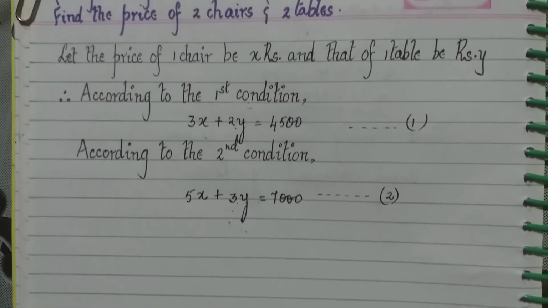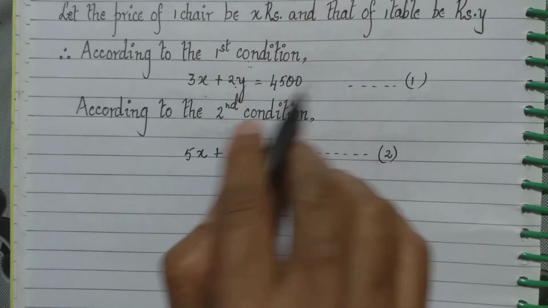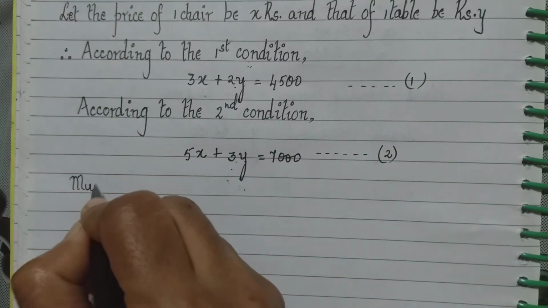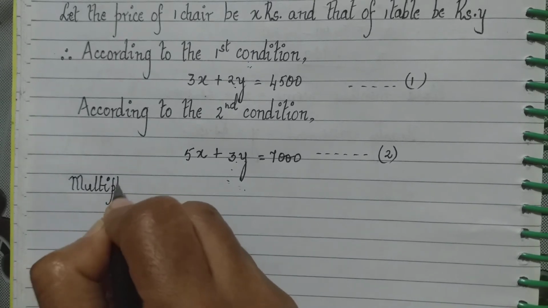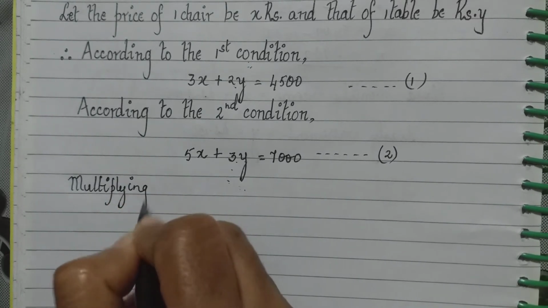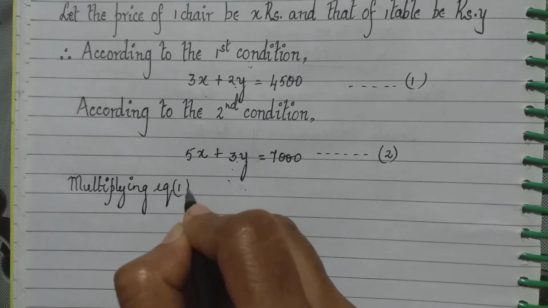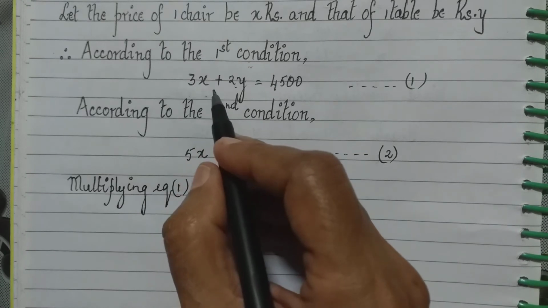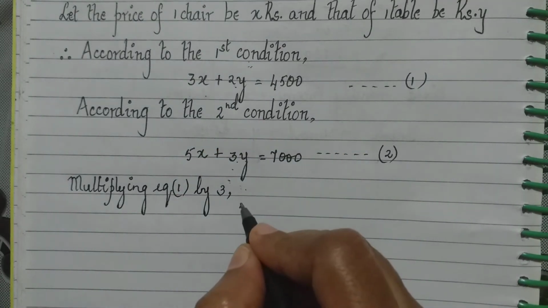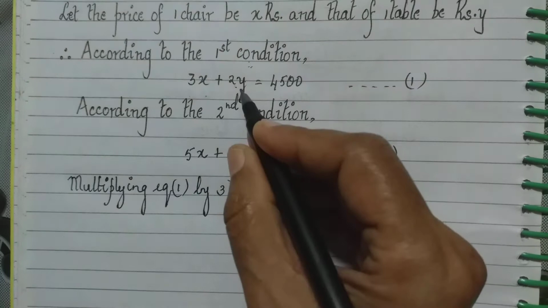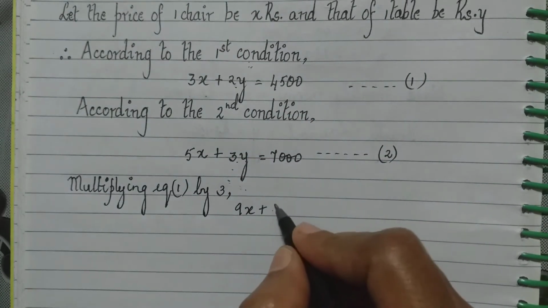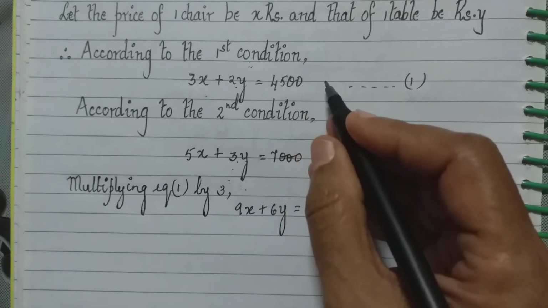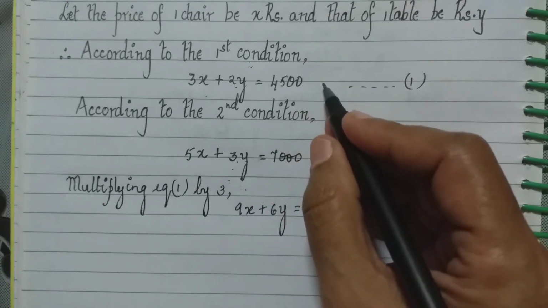So I'll write now, multiplying equation 1 by 3, what happens? We are multiplying 3x into 3 becomes 9x plus 2y into 3 becomes 6y is equal to, now here 4,500 into 3.